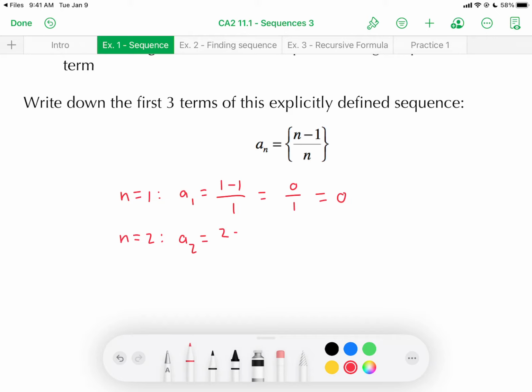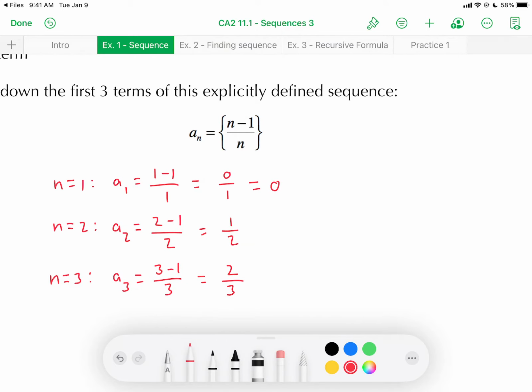That would yield 2 minus 1 over 2, which is 1 over 2, or 1 half. And if I want the third term, n is 3, that would be represented with the notation a sub 3. 3 minus 1 over 3 yields 2/3. So my first 3 terms here would be 0, 1 half, 2/3.